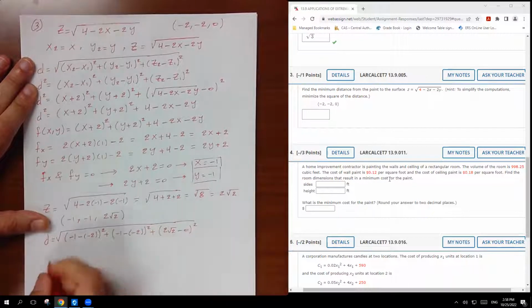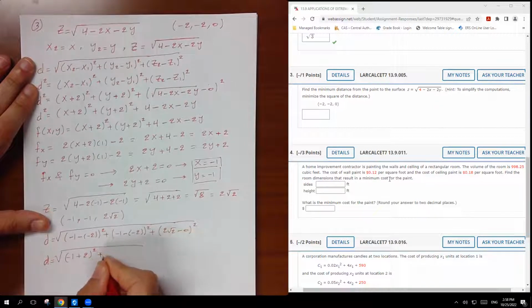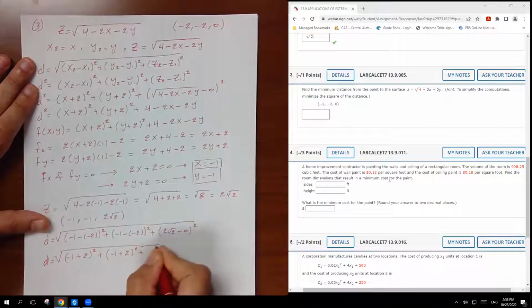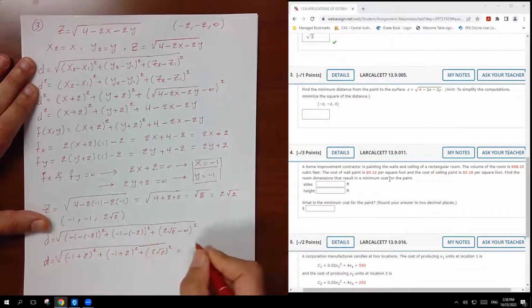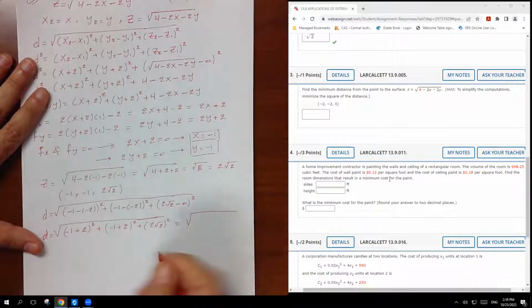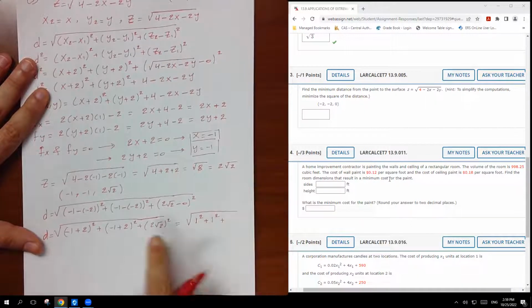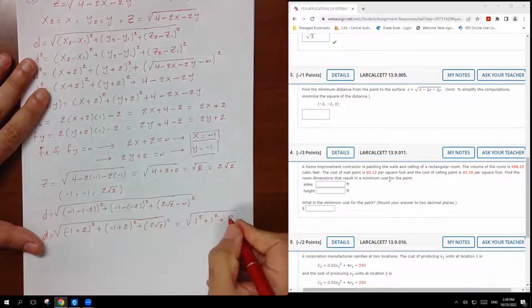So the distance is going to be the square root of 1 squared, because negative 1 plus 2 is 1, plus the same thing here, 1 squared, plus 2 square root of 2 squared, which is 4 times 2, which is 8.